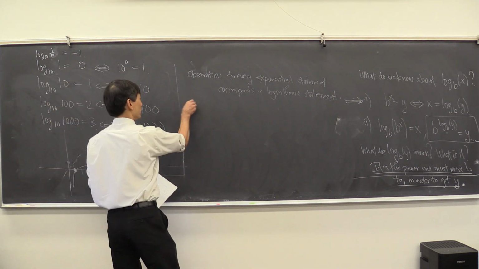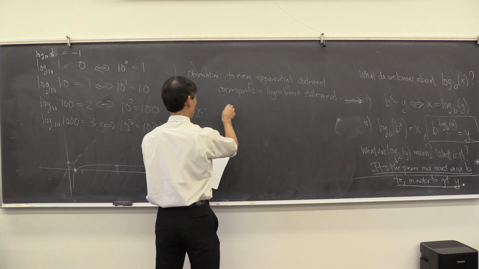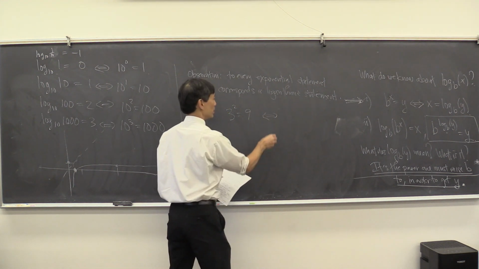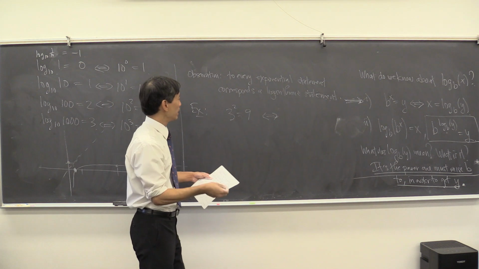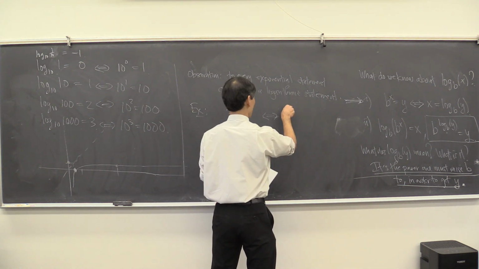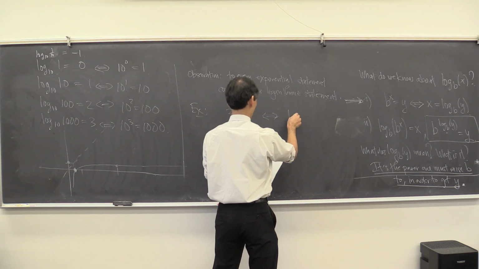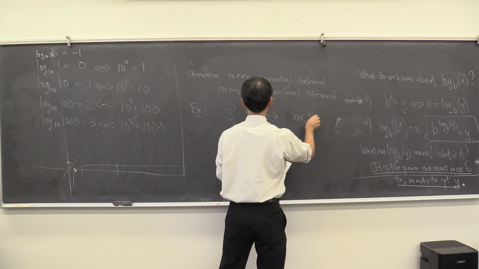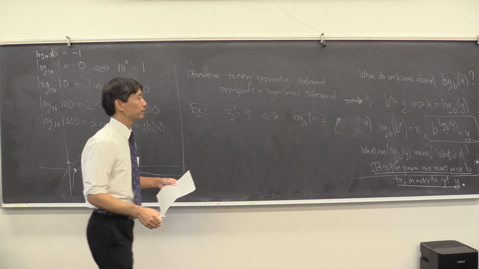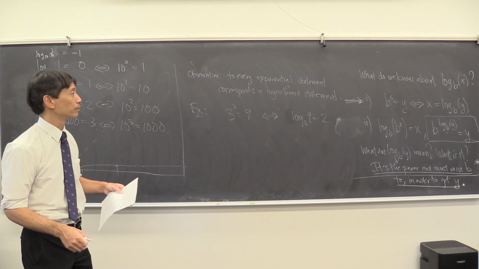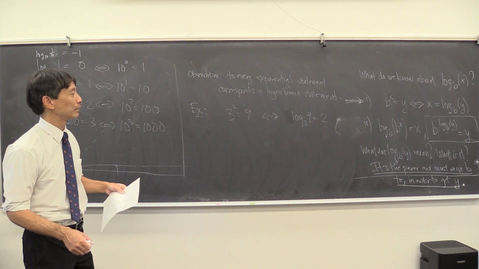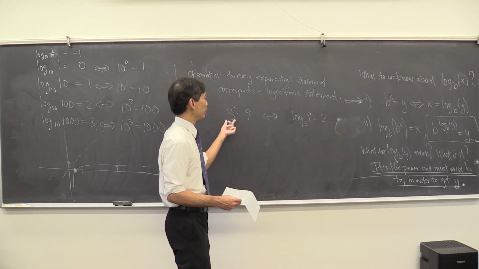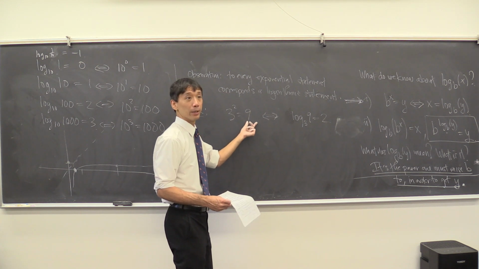So for example, if I say 3 squared equals 9, you could think of that in terms of log base 3: log base 3 of 9 equals 2. That tells you the power that you have to raise 3 to get 9.